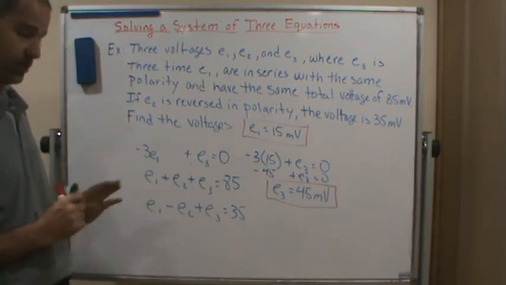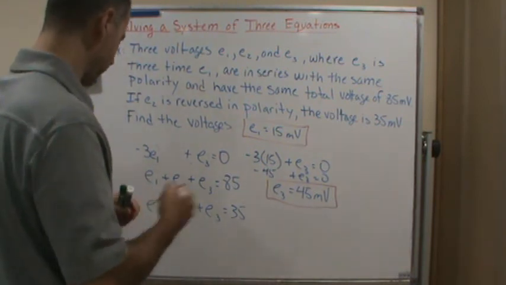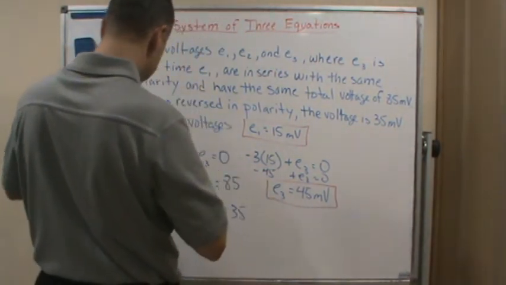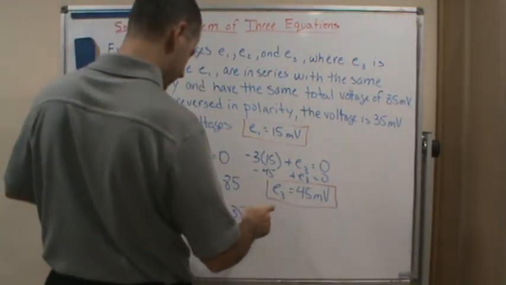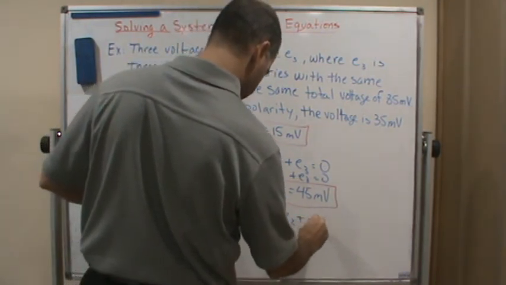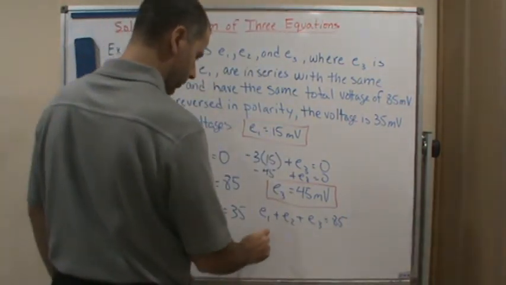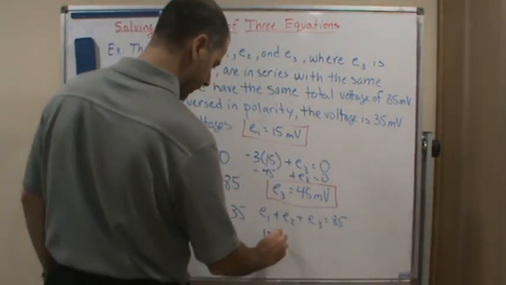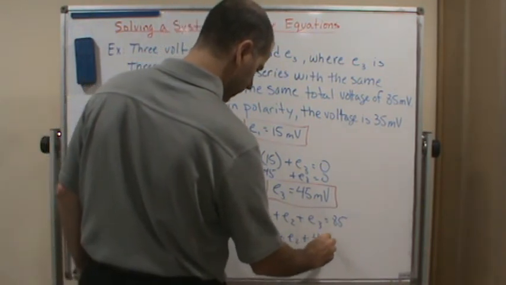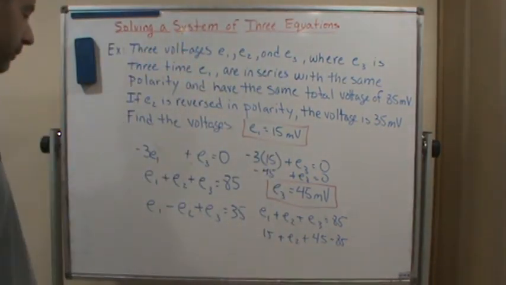Now what we can do is put E1 and E3 in either one of these two equations, it doesn't matter which one, and solve for E2. So let's do the second one here. We've got E1 plus E2 plus E3 equals 85. Then we just plug in. So this is 15 plus E2 plus 45 equals 85.